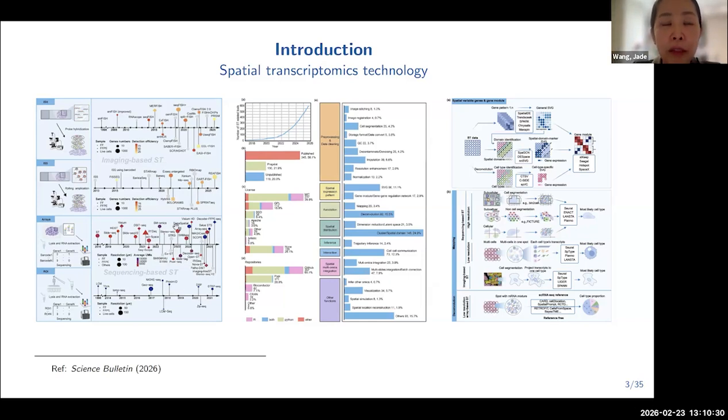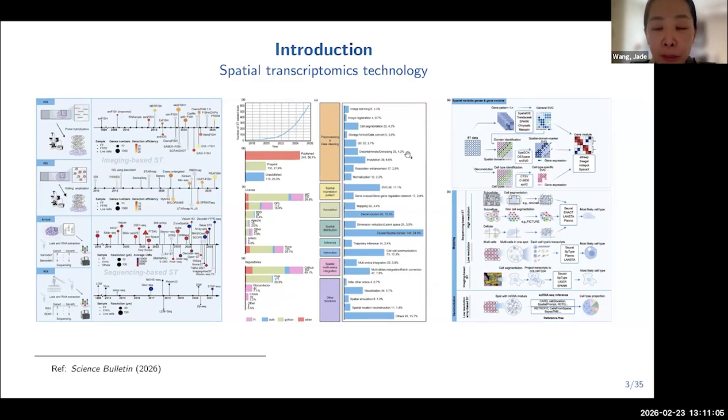Given the popularity of this technology, a lot of data is collected, and people like us are actively developing computational tools so that we can make the most use of the data collected. If we check the publications, there is an exponentially increasing number of publications generated in recent years, including published and unpublished work under different types of licenses and with software shared on GitHub and also, of course, Bioconductor.